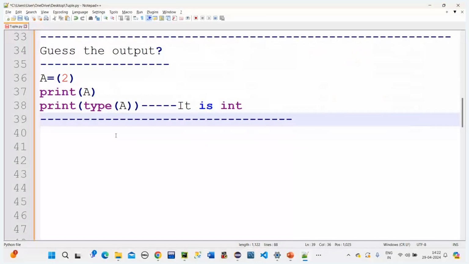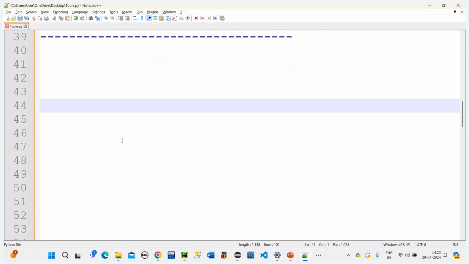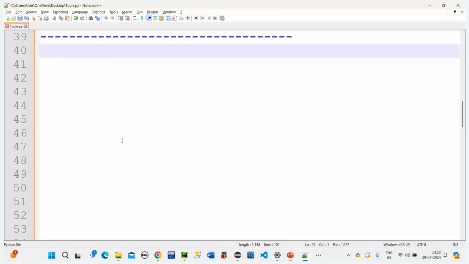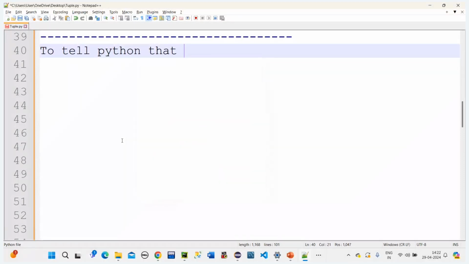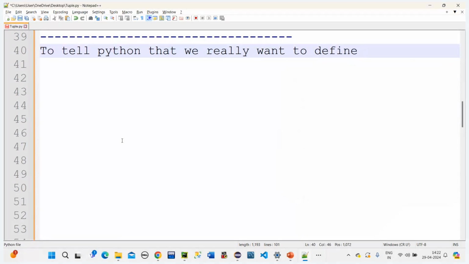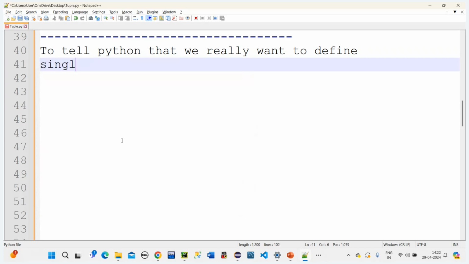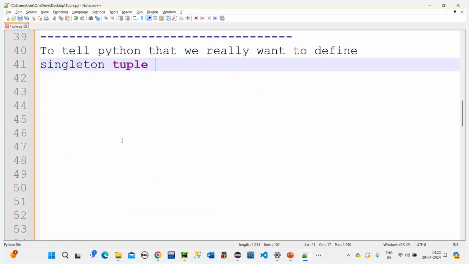Now we have a small theory part here. Let's see that. To tell Python that we really want to define a singleton tuple, one element. Singleton means what? Only one element present in the tuple.